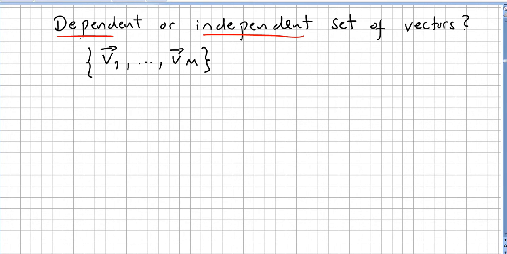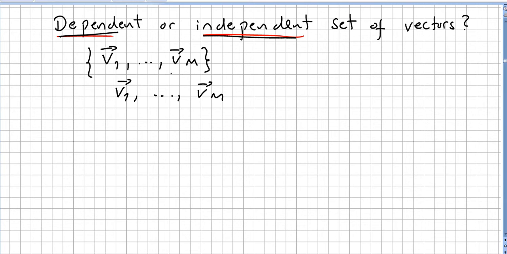They are called dependent or independent according to the vectors here. So if v1 to vm are linearly independent vectors, we say that this set is a set of independent vectors.